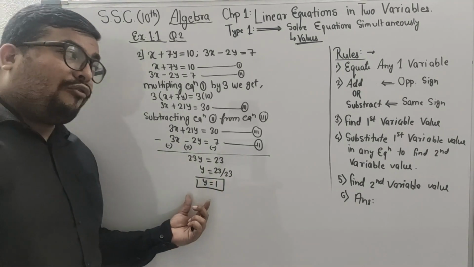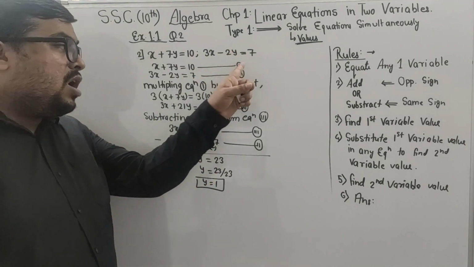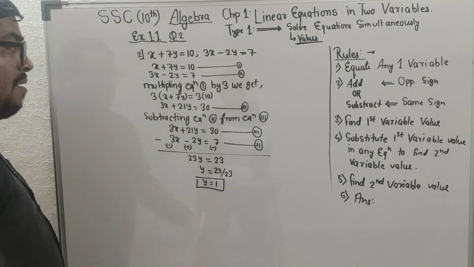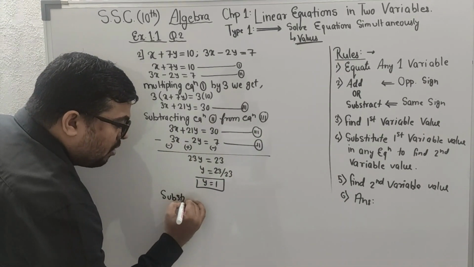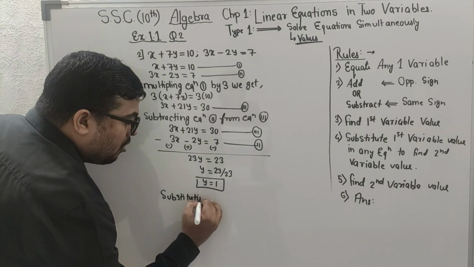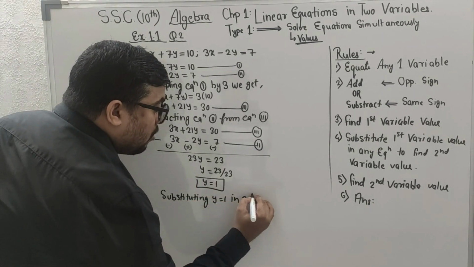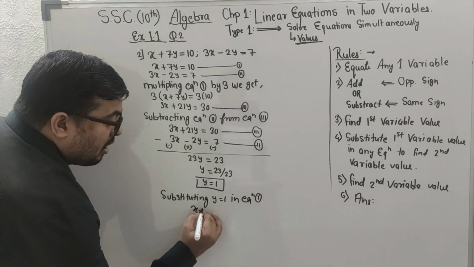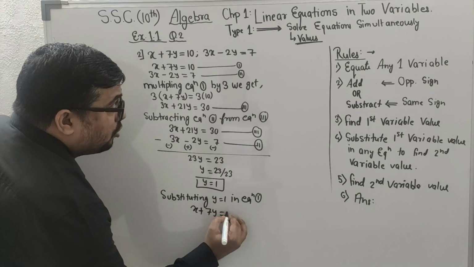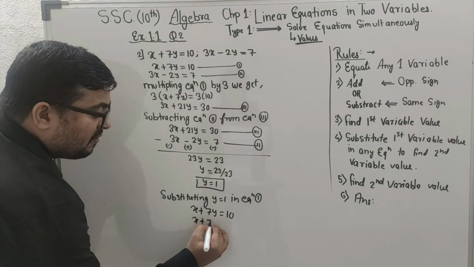You got the value of the first variable. Substitute this value in any equation number 1, 2 or 3. I am here substituting this value in equation number 1. What is equation 1 here, students? x plus 7y is equal to 10. x plus 7.